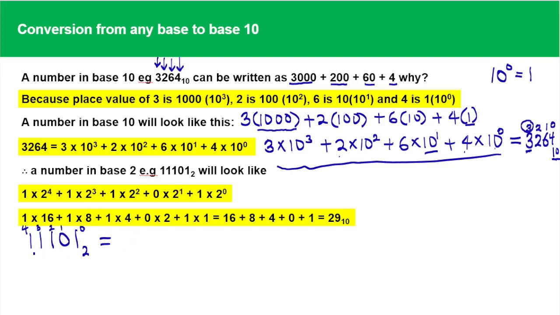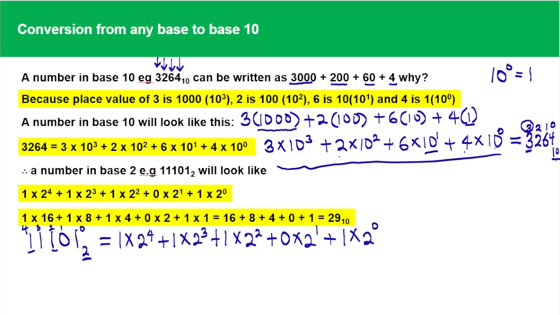The next thing now will be to use each digit multiplied by the base raised to the power assigned to the digit. So this will be 1 times 2 to the power of 4 plus 1 times 2 to the power of 3, plus 1 times 2 to the power of 2 plus 0 times 2 to the power of 1 plus 1 times 2 to the power of 0.